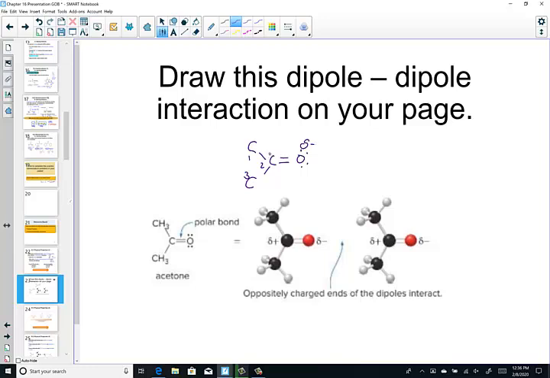And here this carbon would be very deficient, so it's partially positive, with the dipole moment pulling towards this oxygen. You can then see that a neighboring molecule would have its partially positive carbon aligning itself so that there is an attraction between this and the next molecule. So opposites attract.